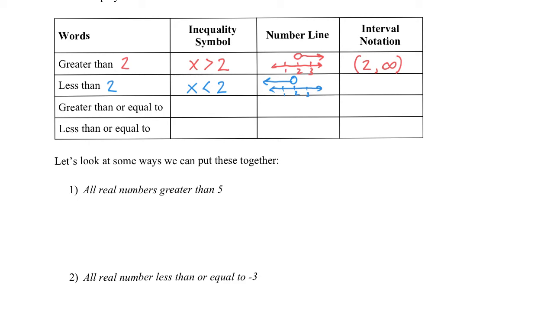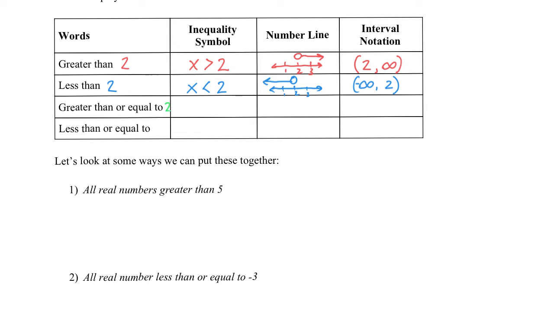The interval notation would be negative infinity to 2, with a parenthesis. This says the solution set is all the real numbers from negative infinity to 2, and the parenthesis tells me not to include 2.